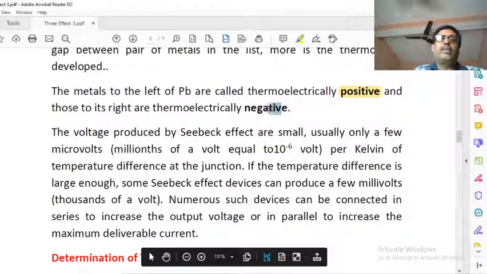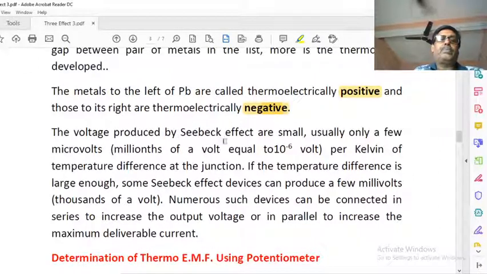Here the voltage produced by the Seebeck effect is very small. As I told you, it is extremely weak, feeble, usually only a few microvolts, of the order of 10 to the power minus 6 volt. You can imagine, extremely small.